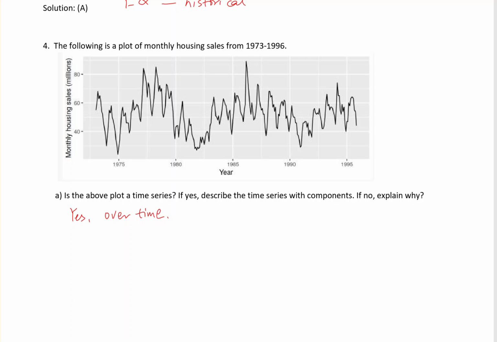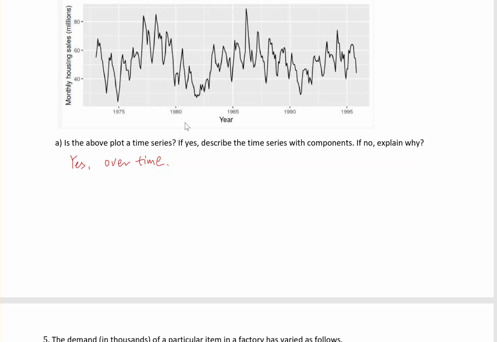All right, since it is a time series, then describe the time series with the components. If it is a time series, how many components do we have? We totally have 4 components.